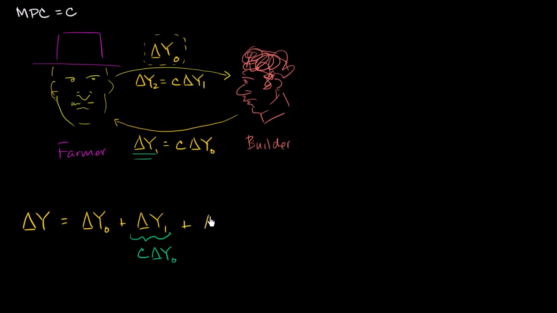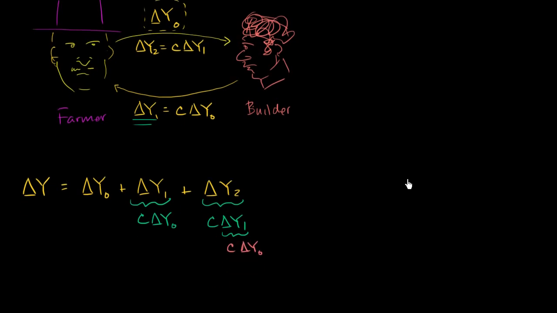And so now we have delta Y2, this new incremental bump. They're getting smaller and smaller, but we can go an infinite number of times. Just to remember, delta Y2 is the same thing as C times delta Y1, and delta Y1 is the same thing as C times delta Y naught. So delta Y2 can be written as C squared times delta Y naught.